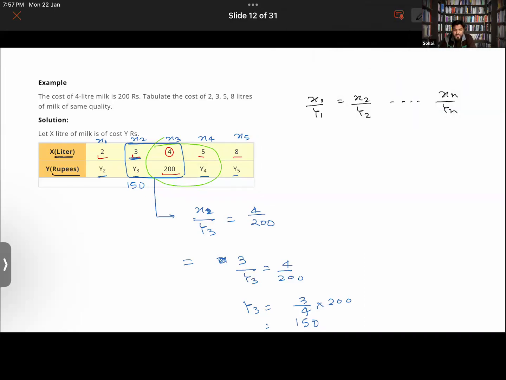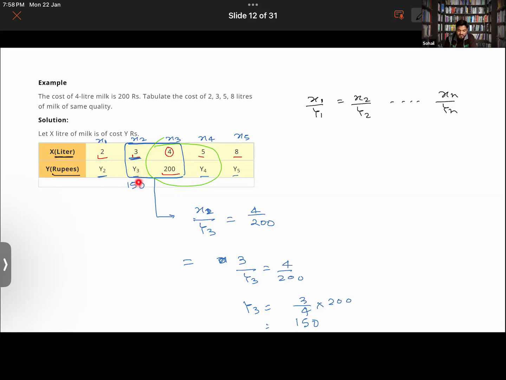Now, there is another interesting conclusion which you can make here. Can you see that 4 times 50 is 200, and 3 times 50 is 150?